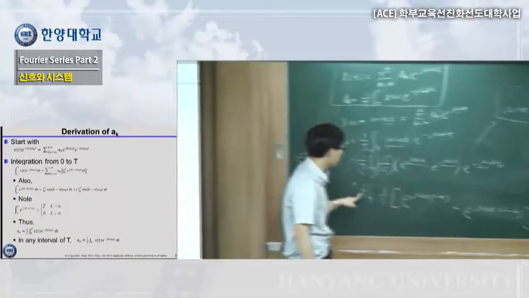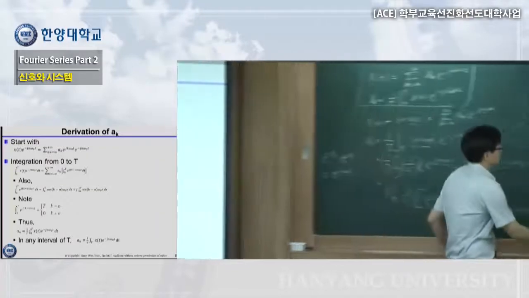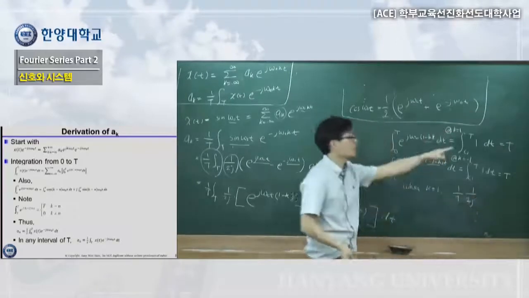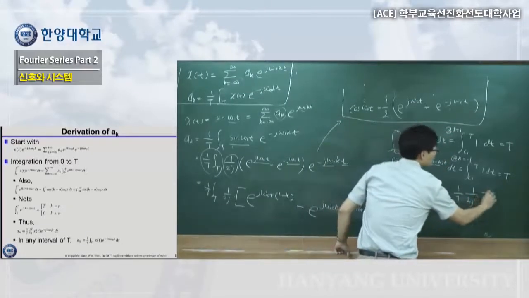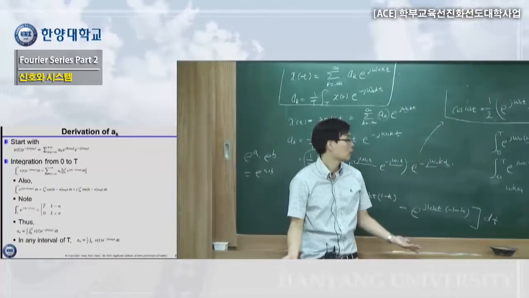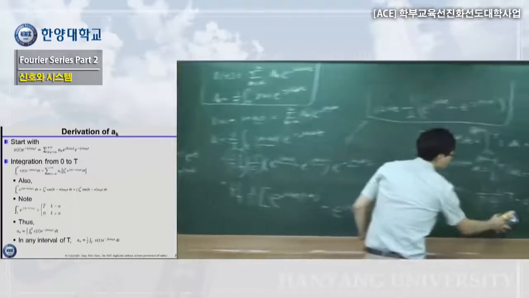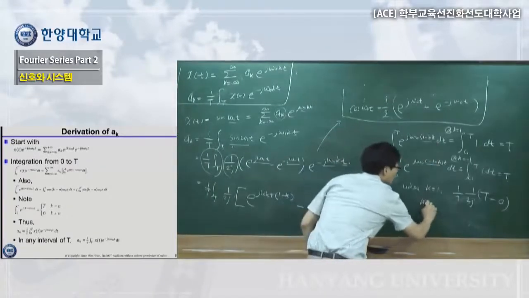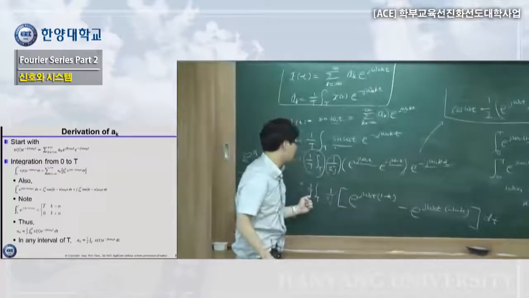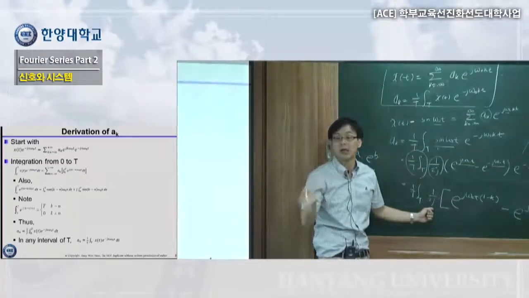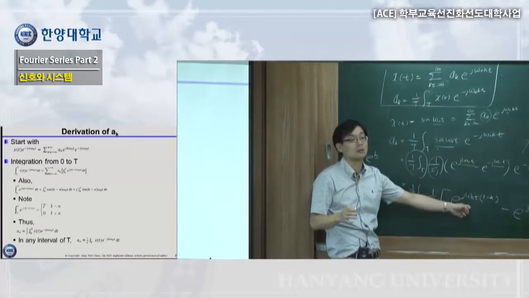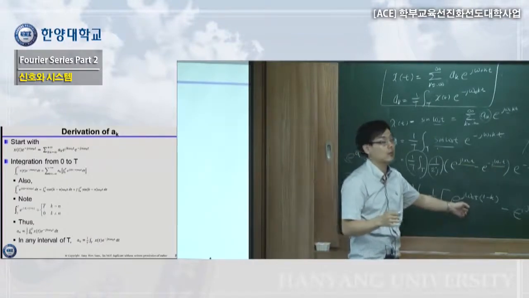We will have 1 divided by T, e to the j, which is a constant, and then T, because it is actually T minus 0, right? When k equals 1. When k equals minus 1, what happens? The constant will be the same because this is a constant, it isn't affected by k. This one becomes what? First integration, when k equals minus 1.